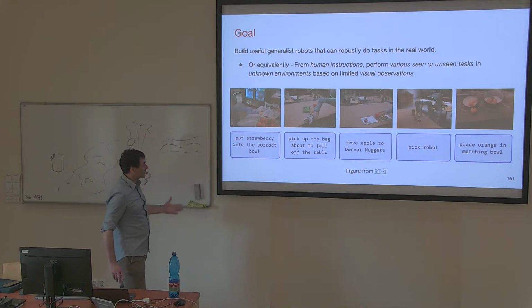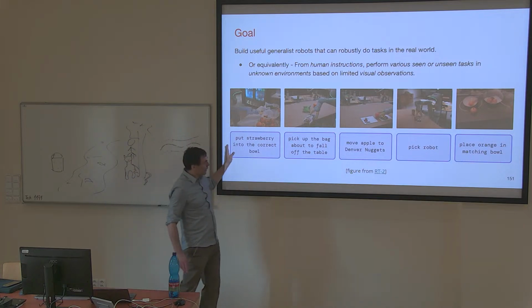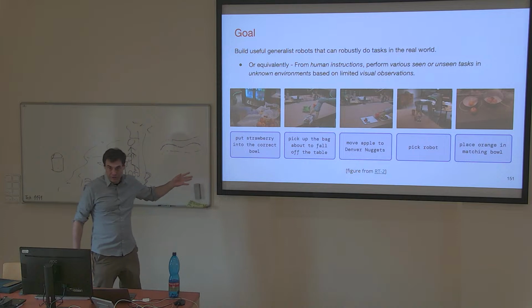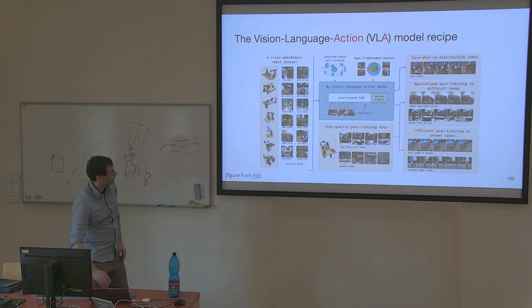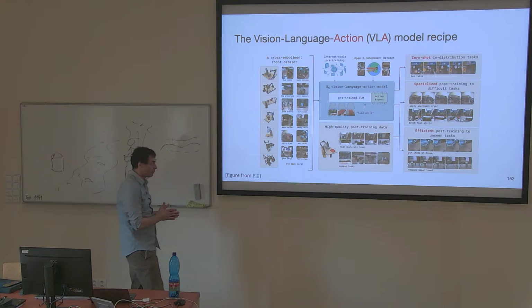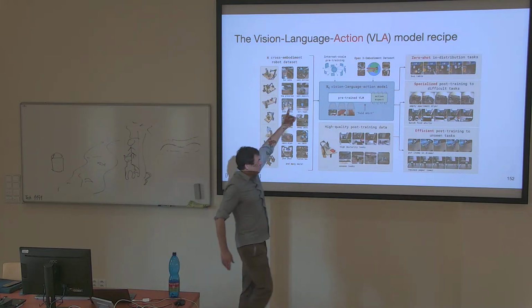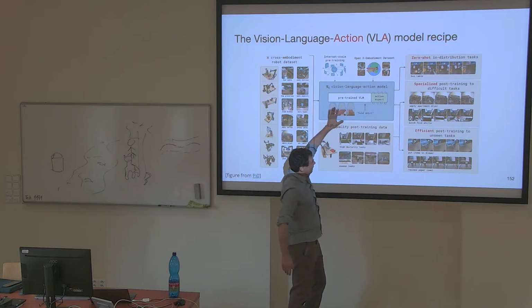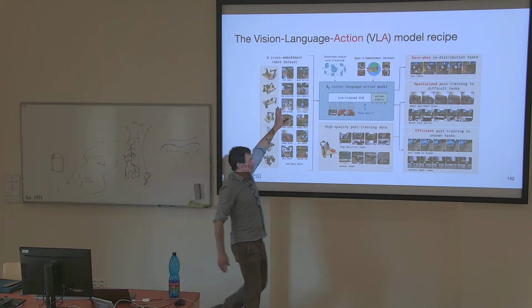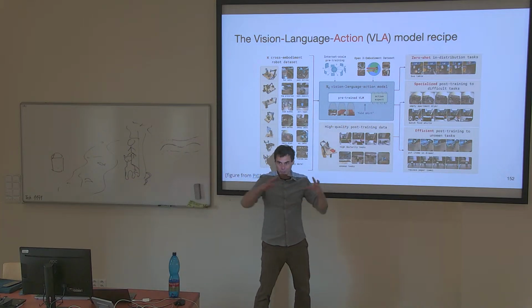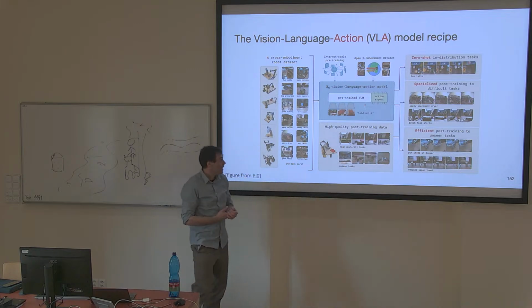And the setup is that you are given a language instruction, and you want to drive the robot based on visual input. This is the setup. This is the model. It's a complicated model and uses different types of training data at different times.